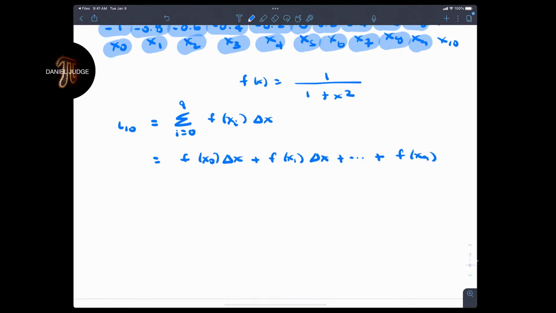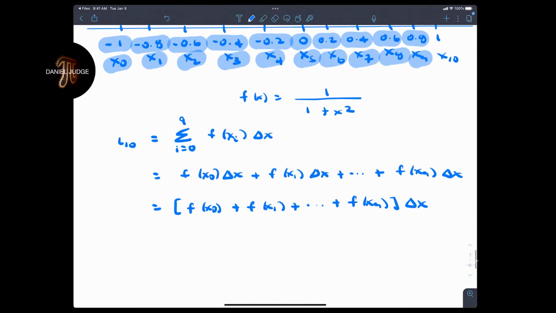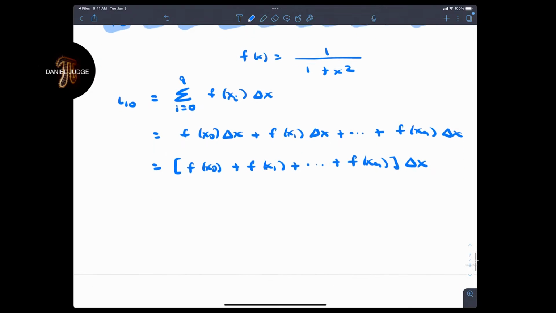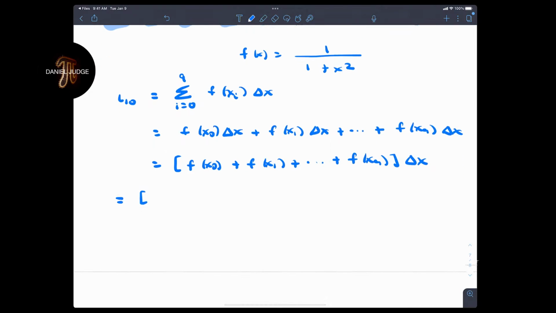And that's a delta x there. And that's a delta x. But we can factor out the delta x. So this is simply the sum now of these left endpoints up to f of x9 with your delta x. So you need the endpoints. And the first endpoint was -1.